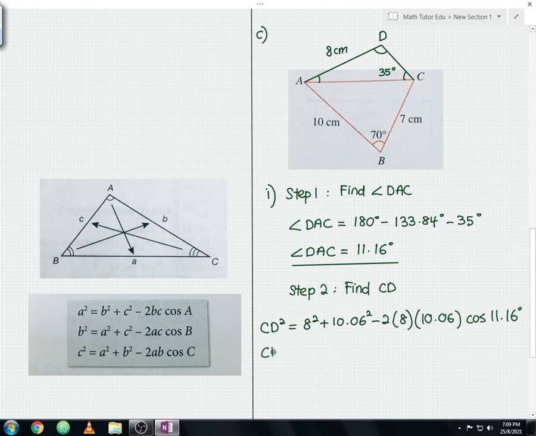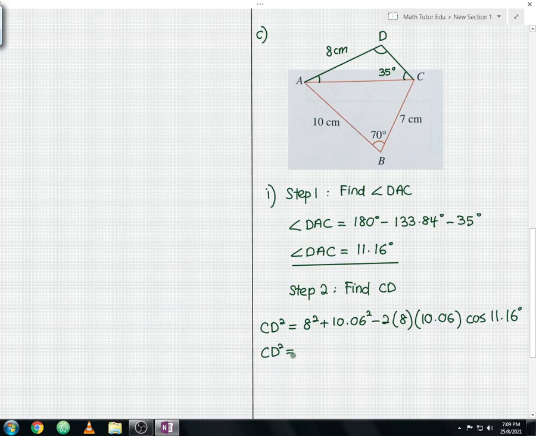Okay, so if from here you perform the calculation, okay, let me perform the calculation. So 8 square plus 10.06 square minus 2 times with 8 times with 10.06, okay, and then you times with cos 11.16. So from here you should get your CD square is approximate 7.2873.